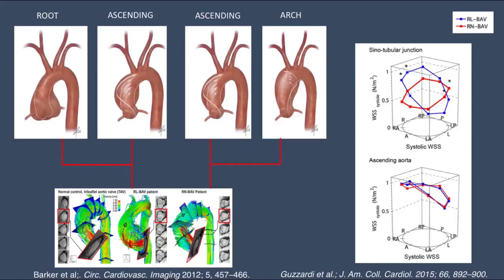We know that individuals with a right-left coronary cusp fusion tend to have aortic root dilation or an ascending phenotype, whereas those with a right non-coronary cusp fusion tend to have dilation at the ascending aorta or in the arch. So people have argued that these hemodynamic findings actually explain the aortopathy.